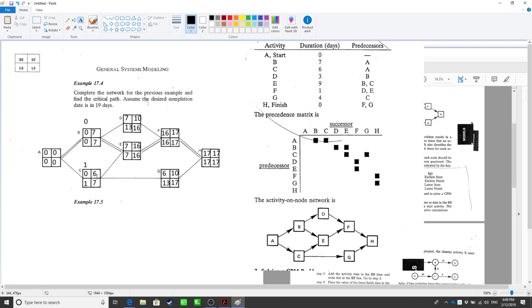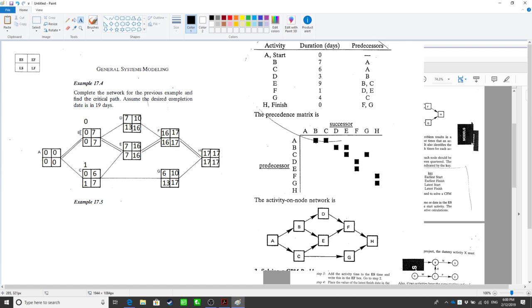You don't have to push yourself into task E because we are still waiting for B to finish. It takes 6 days to finish C, but it takes 7 days to finish B.